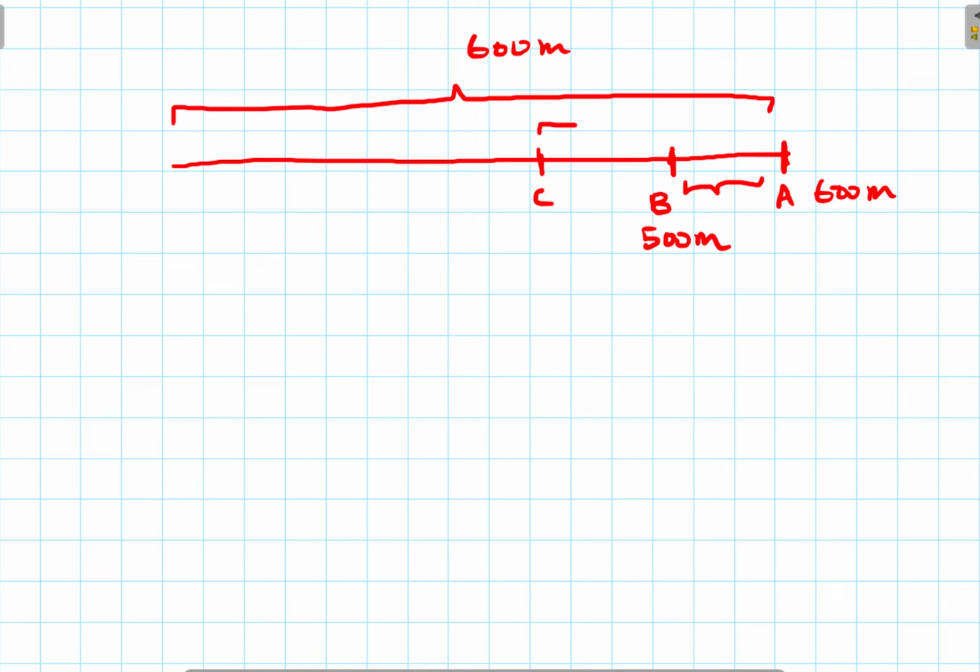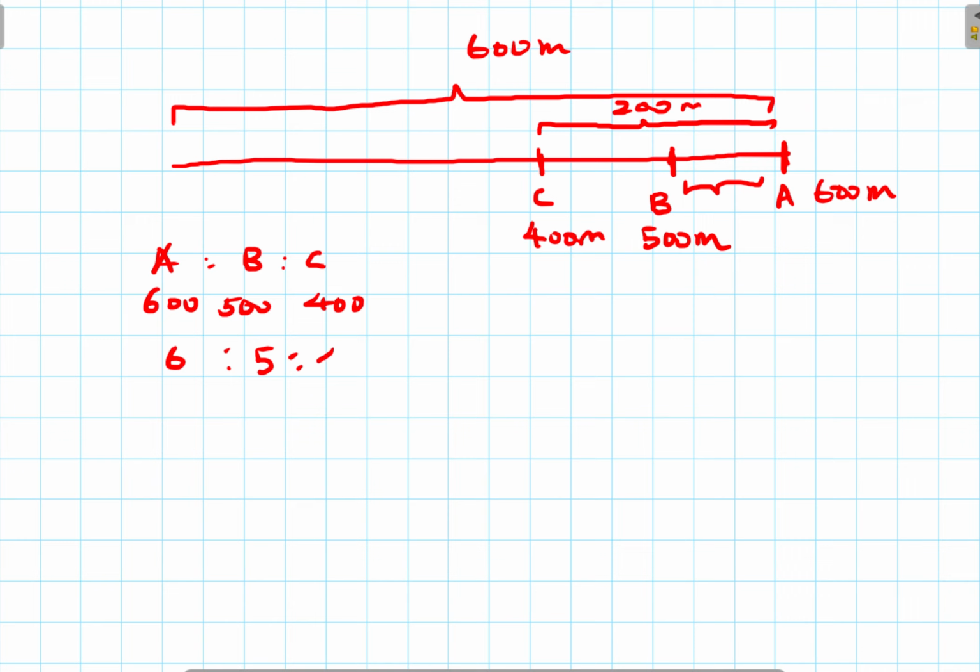So that means here to here is 200 meters. So for Chris, he already covered 400 meters. With this, we can actually see a ratio. Andy, Ben, and Chris. This is 600, 500, and 400. Reduce it to the simplest form. You have 6, 5, 4.